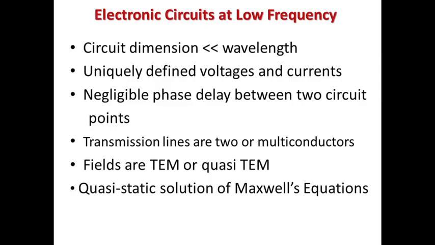That is why the phase difference between 2 points in the line, for a voltage or current wave, is not much, and that is why we can uniquely define the voltage and currents at low frequency. We assume there is no wave type of behavior, though inherently there is a wave.